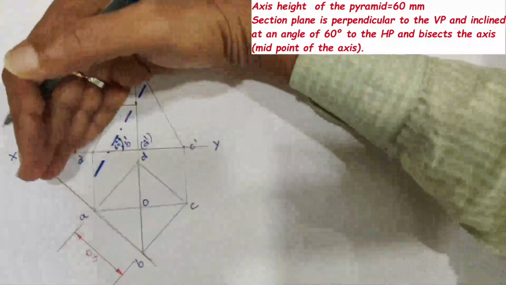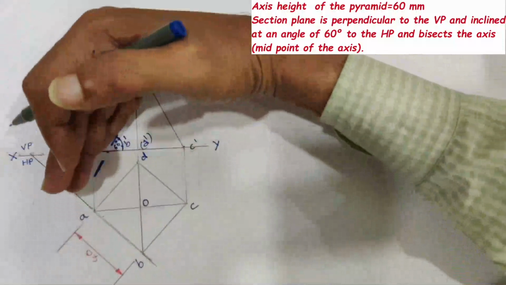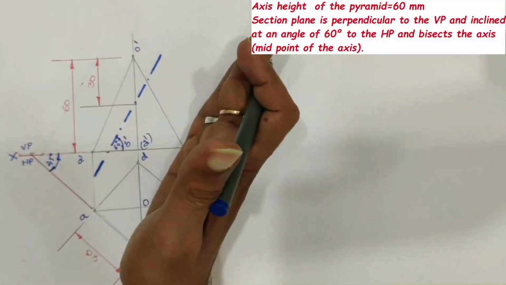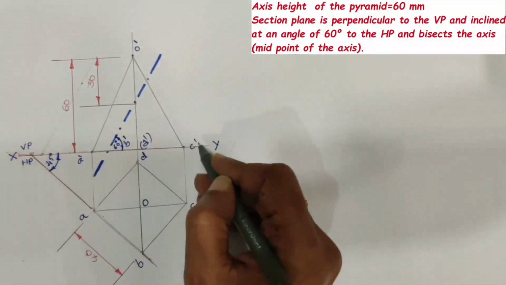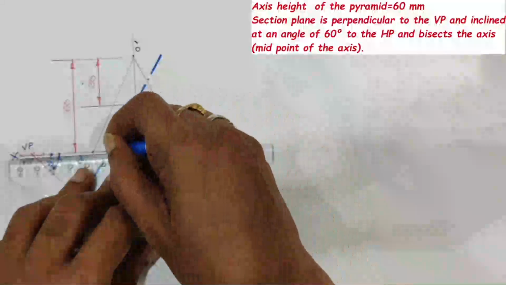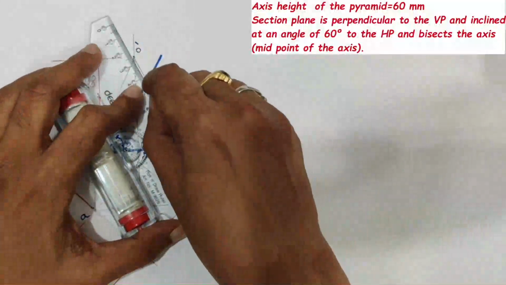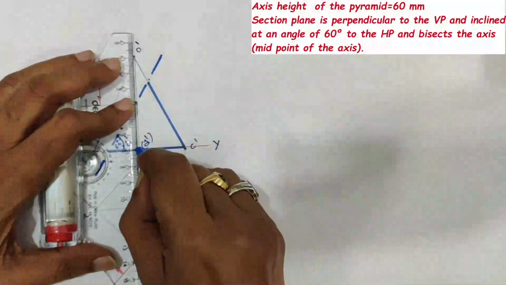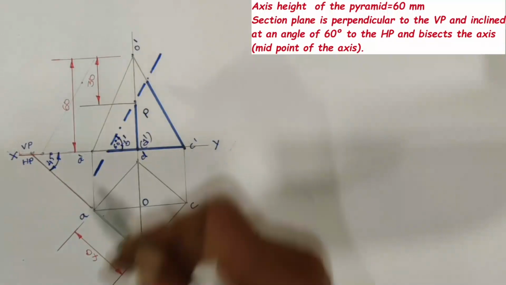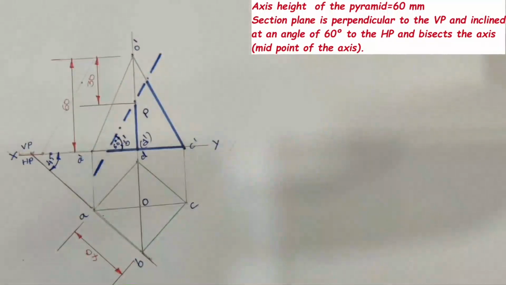With that, this portion of the material is not used for the development. Only this portion of the material is to be used for the development. So, darken the region which is to be used for development. The lower portion of the square pyramid is to be developed.